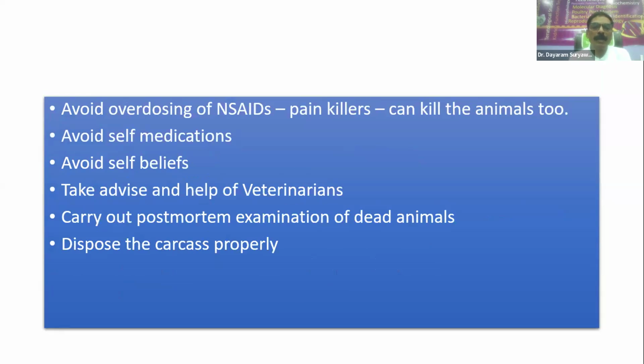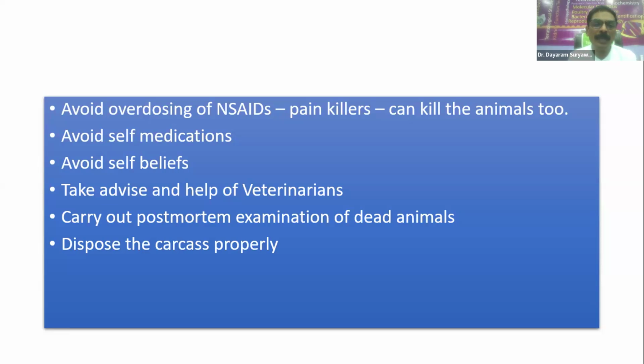Avoid overdosing of NSAIDs. Painkillers can kill the animals too. Generally, the farmers reach the medical shop and purchase NSAIDs and use them freely, and because of the NSAIDs there is a rupture of the abomasum and extensive damage to the abomasum is observed, and the animal dies because of the excessive doses of NSAIDs.